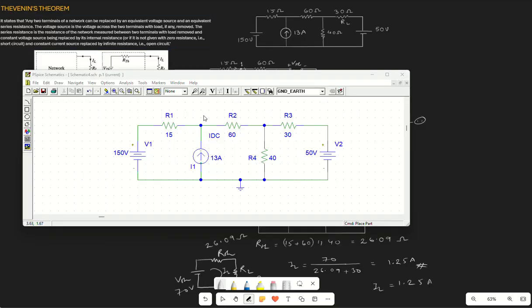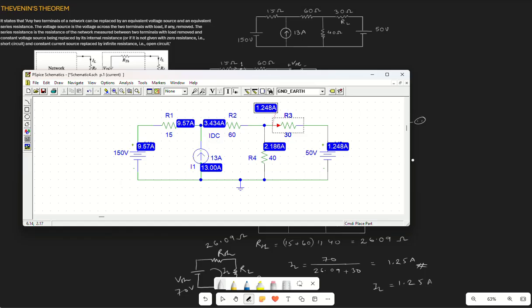After making the circuit in simulation, as you can see, we have all the components prepared: 150 volt, 15 ohm, 60 ohm, 30 ohm, 50 volt, 40 ohm and 13 ohm. Our answer was 1.25 ampere, obtained after applying Thevenin theorem. So let's see what the answer is by applying it to the whole circuit. The answer is coming as 1.248, which is nothing but 1.25 ampere.